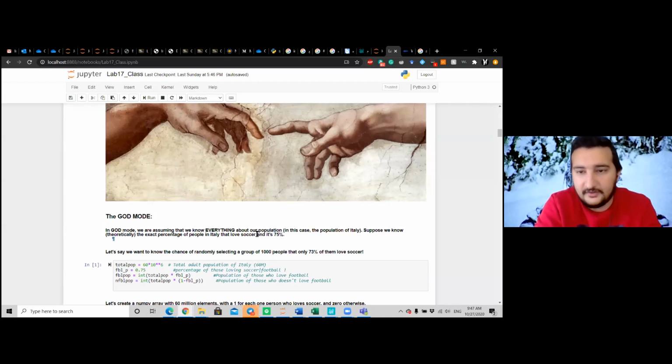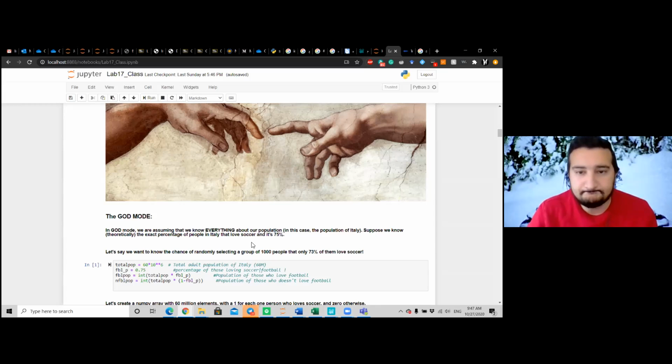We are assuming that we know the exact percentage of people in Italy that love soccer, and it's 75%. So if I look at the population of Italy, 75% of them love soccer. That is a piece of information that we, as the God, know in this specific mode.